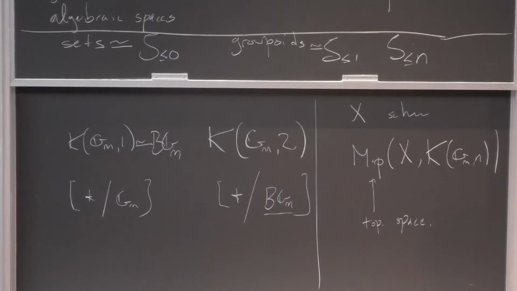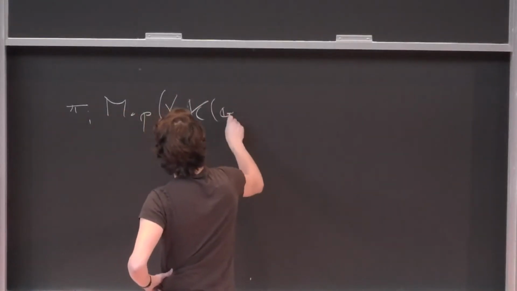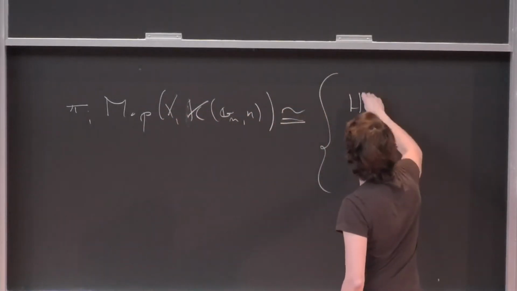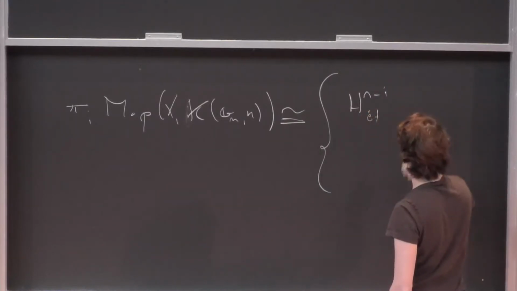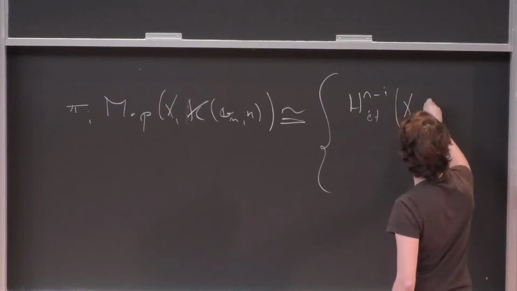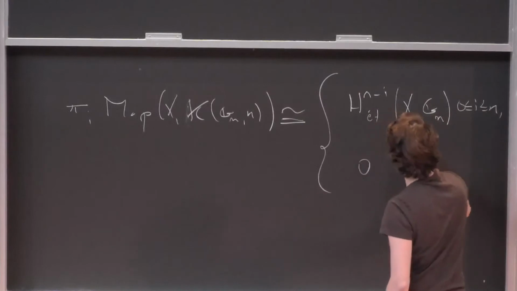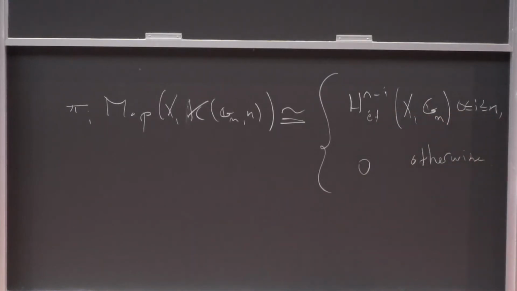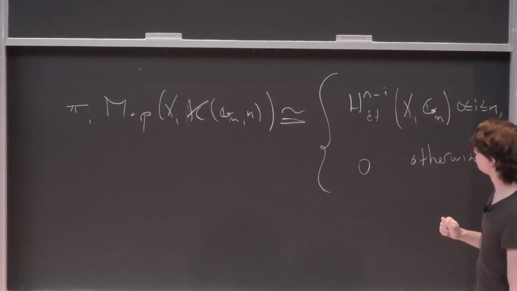So pi I of this mapping space is, well, it's degree n minus I étale cohomology of X with coefficients in GM if 0 is less than I less than or equal to n, and it's 0 otherwise. So this is a sort of higher geometric stack that says something about higher cohomology groups.